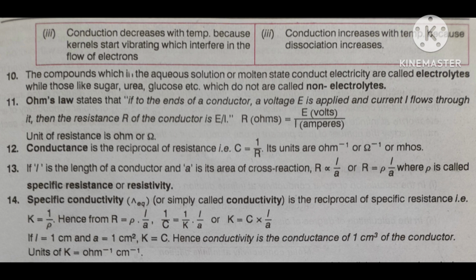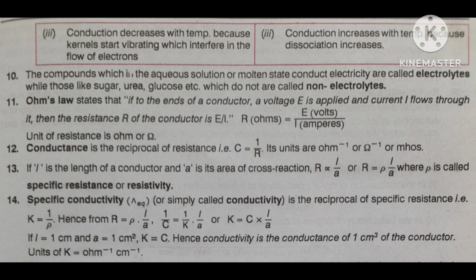It means R is equal to E upon I, means volt divided by ampere, means potential difference divided by current.